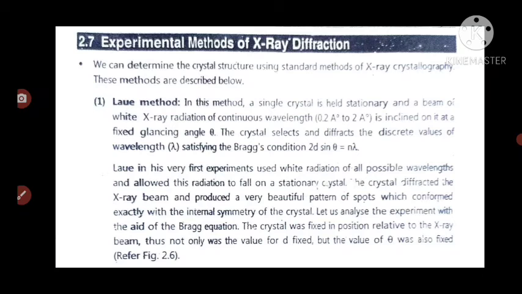When this beam is incident on the plane, it makes an angle which is considered as the glancing angle, denoted by theta, and the crystal selects and diffracts the discrete value of the wavelength lambda, and this satisfies the Bragg diffraction condition, n lambda is equal to 2d sin theta.